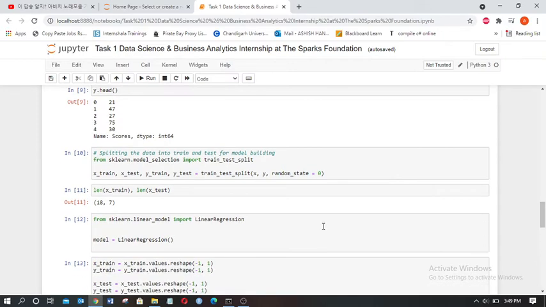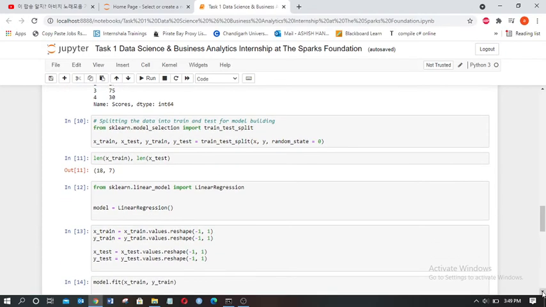In the starting we have 25 entries, and after running this we have achieved 18 entries for the training section and 7 for the testing section. And here in random state I have mentioned 0 because we want to get the same entries on every run.